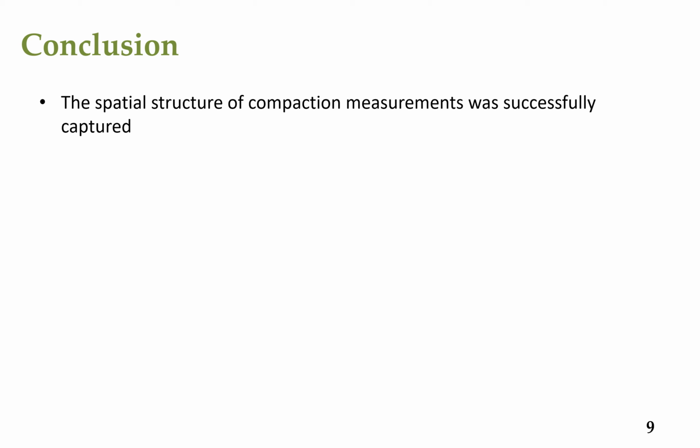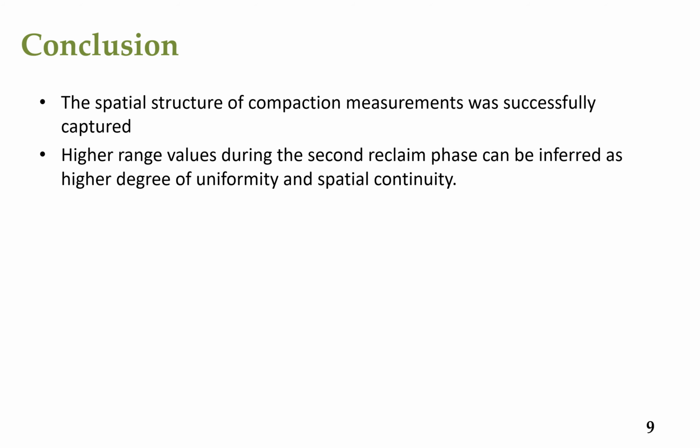So this is very important, and this is the foundation of future research that we are going to perform in this area. And the higher range values during the second reclaim phase can be inferred as a higher degree of uniformity and spatial continuity.